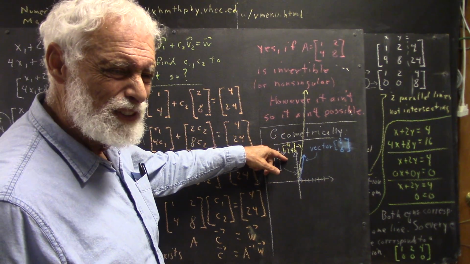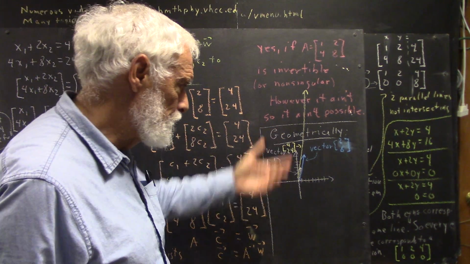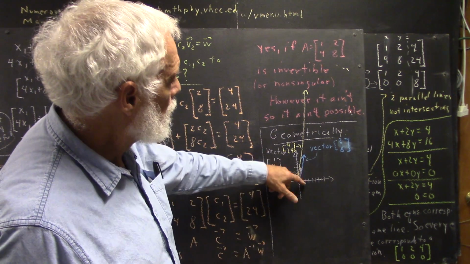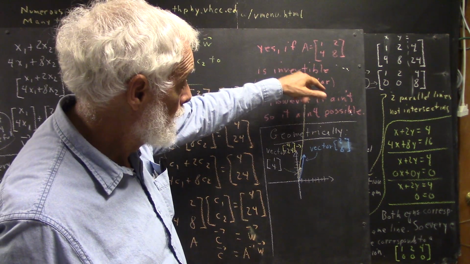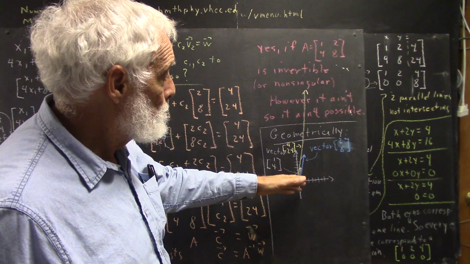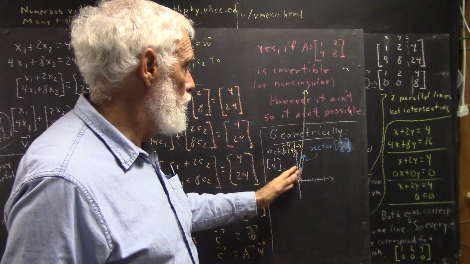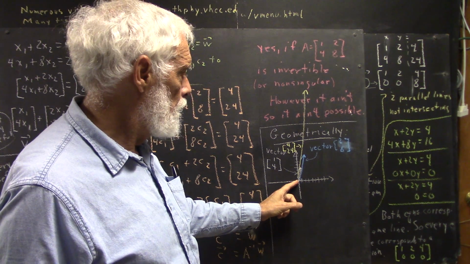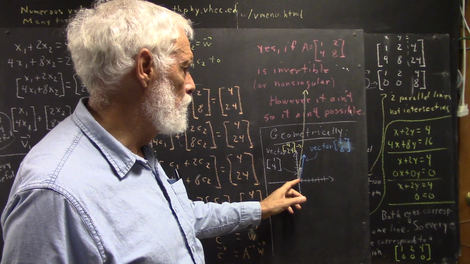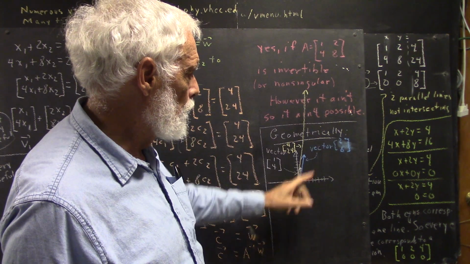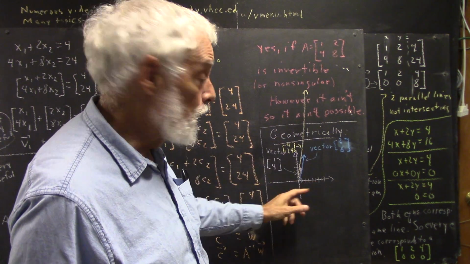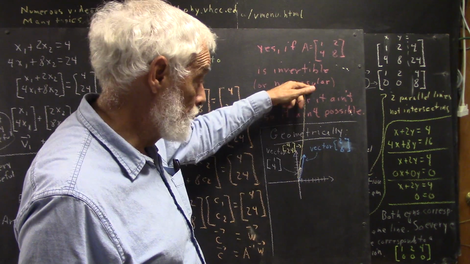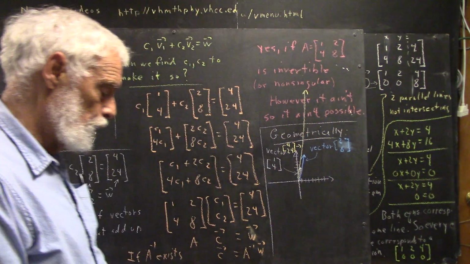This vector, second number is 6 times the first. It's not going to work. Okay? So, we can't really tell that by looking at the picture, but any sum of these 2 vectors, if they start at the origin, is going to go to points where the rise is 4 times the run, essentially. The rise of this vector is 6 times the run, and we just can't do it.